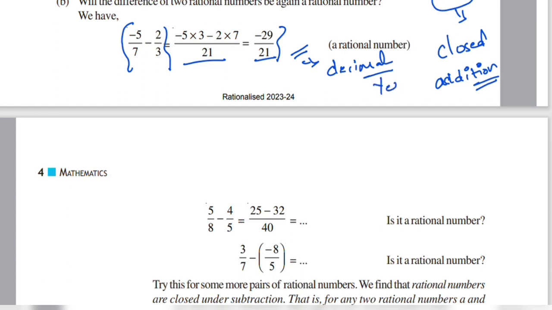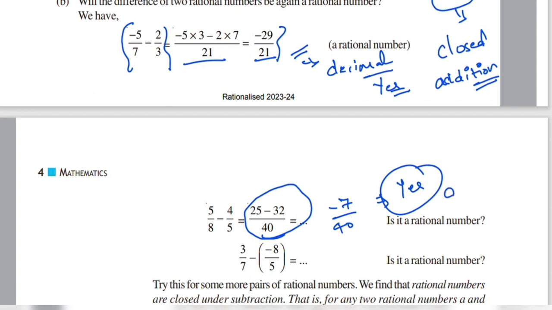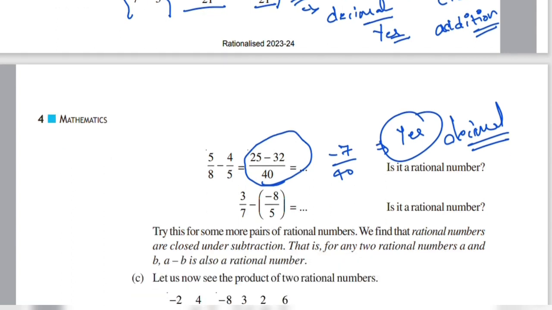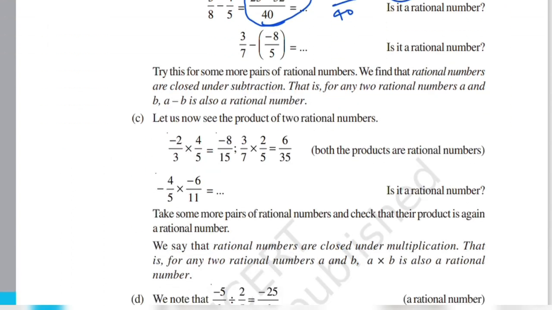Yes, of course. Okay. Take another example. Solve these two. You will get minus 7 by 40. Is this a rational number? Yes, of course. Again, it's in the form of a decimal. I have told you that whenever the answer is in the form of a decimal, it is a rational number.